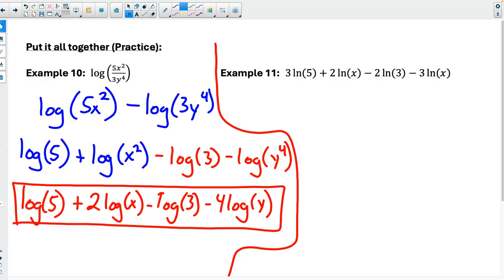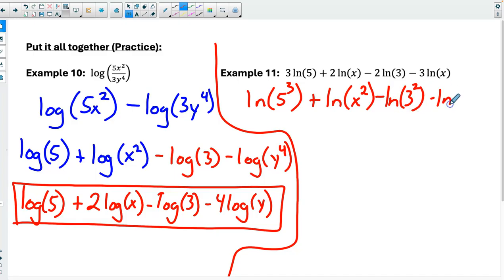And then we're going to look at what happens on the next step. That's what we get.